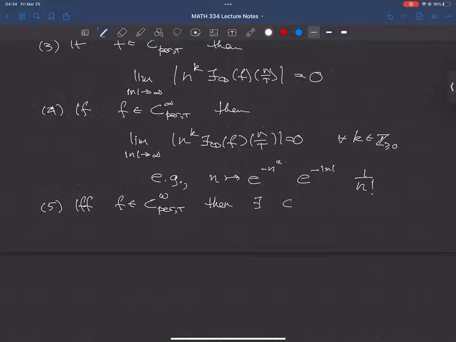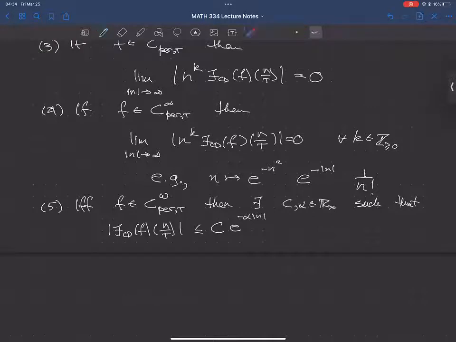So there are constants C and alpha such that the CDFT of f is less than C e to the minus alpha.